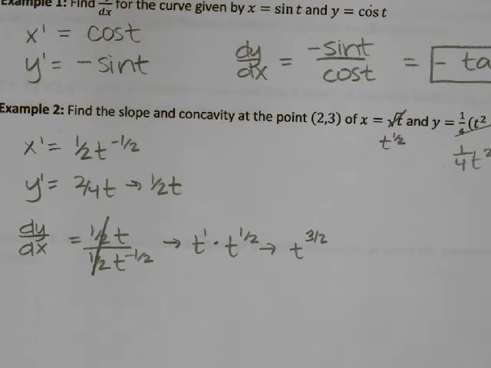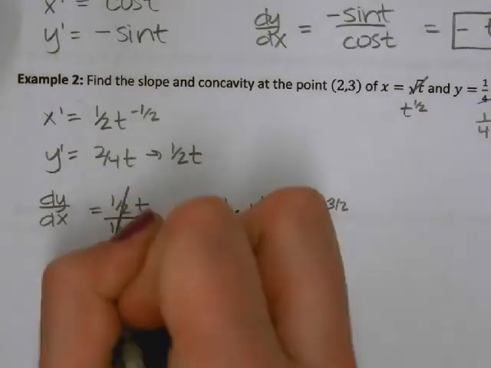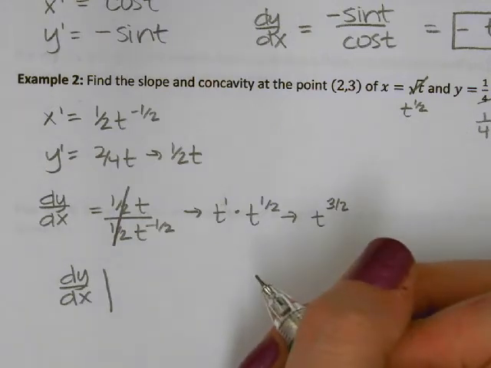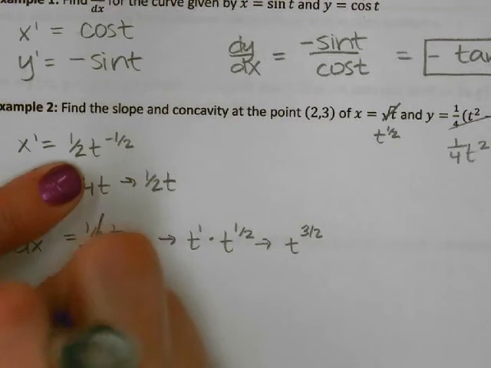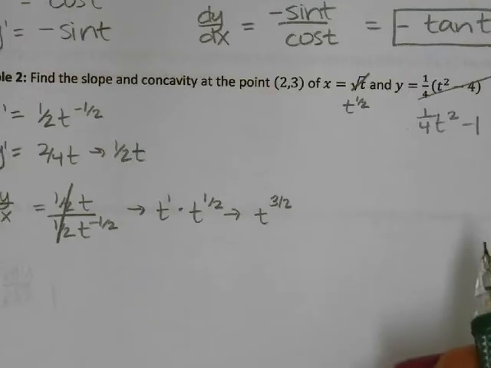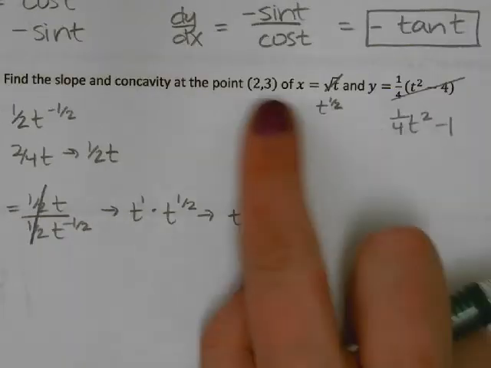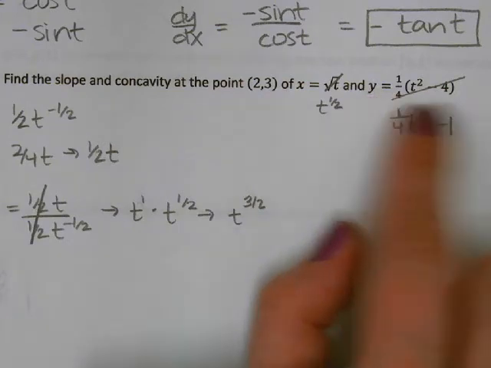Now I want to find the slope at that specific point, the instantaneous rate of change at the point (2, 3). I have to figure out what my t value is first, actually. So I'm going to go back to those equations. You can plug in 2 for x and solve for t, or plug in 3 for y and solve for t.